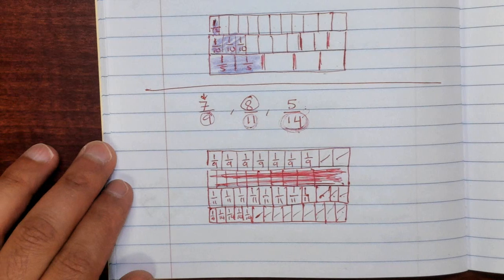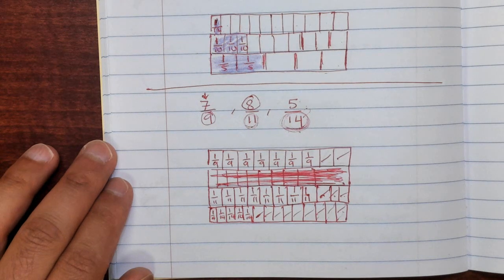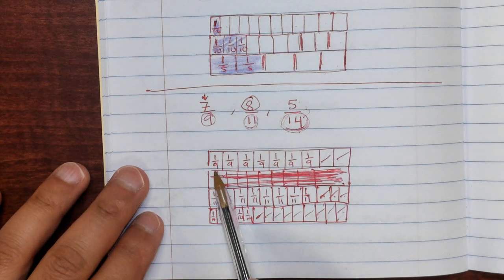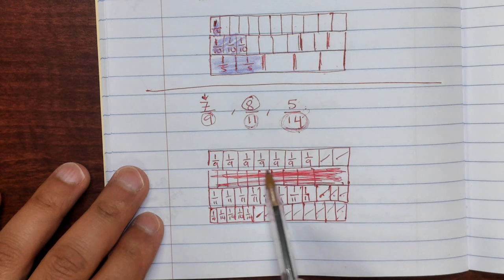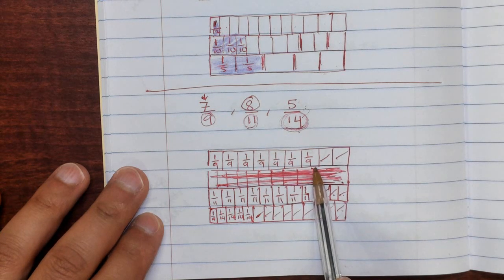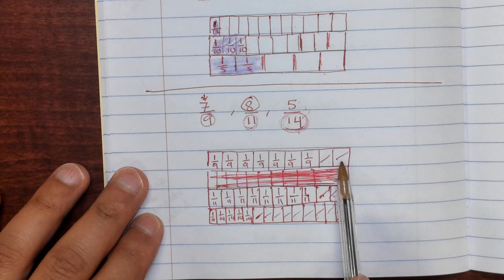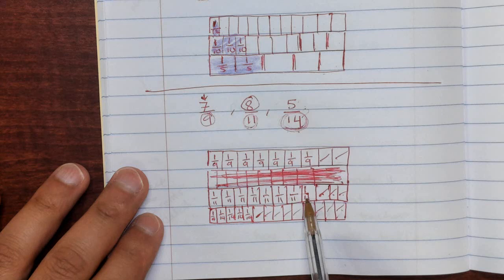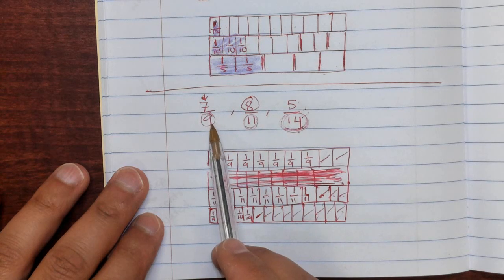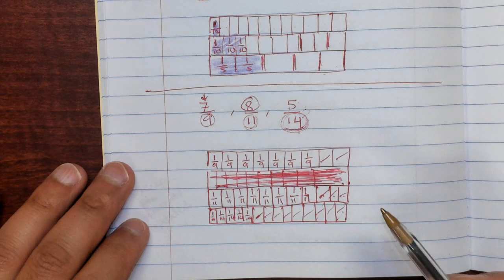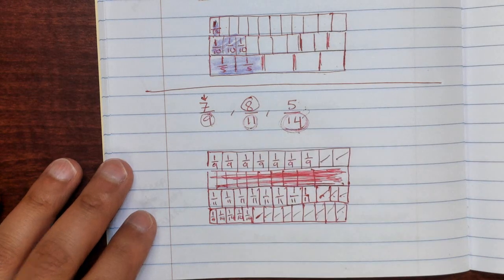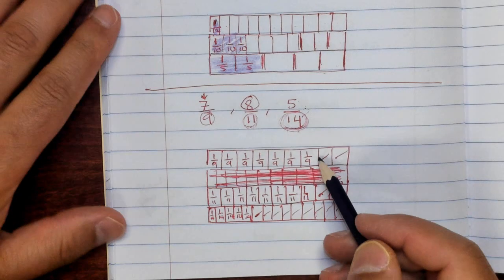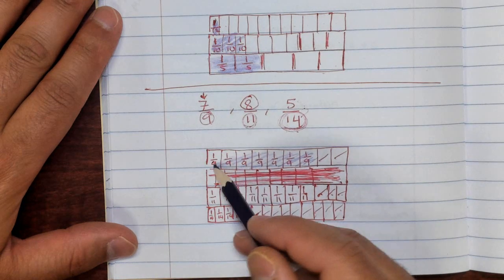Okay, so which one is the biggest? We see that the 7/9 has more pieces and is closer to a whole than the 8/11, correct? And ninths are bigger than elevenths. So our biggest fraction is 7/9.